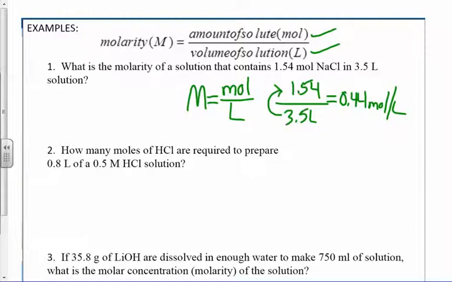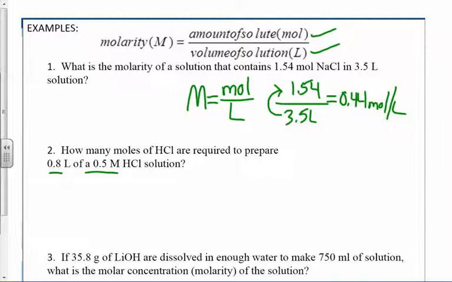Number 2 says, how many moles of HCl or hydrochloric acid are required to prepare a 0.8 liter solution of a 0.5 molar hydrochloric acid solution?